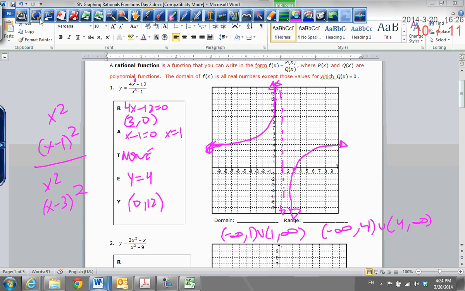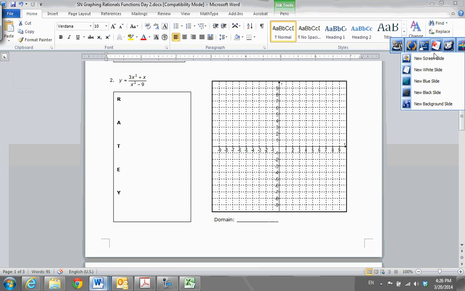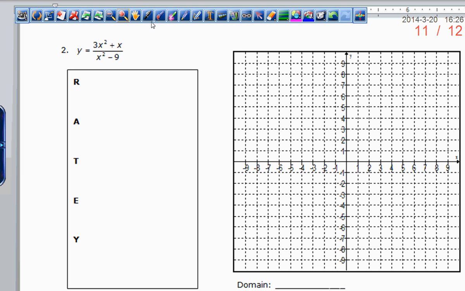Let's look at number 2, and I just want to work through the RATEY or just give you a couple of suggestions. Before you get started, factor out an x here, so then you have 3x plus 1. When you set each part equal to 0, you get x equals 0 and 3x plus 1 equals 0. On the bottom, factor that as a difference of squares, so you have x plus 3 and x minus 3.